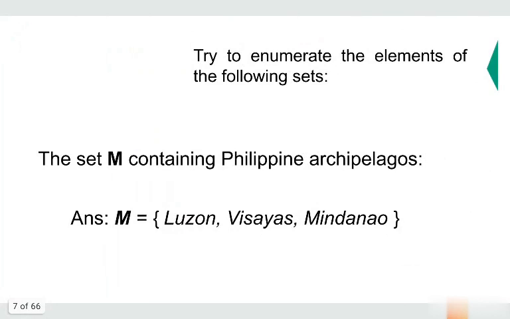So for example, the set M containing Philippine archipelagos. So you know that the elements are the Philippine archipelagos. And alam natin mga Pinoy, that's Luzon, Visayas, and Mindanao. So this is a set. M is a set. M is the name we gave to this particular set. So these are the elements of that particular set M.